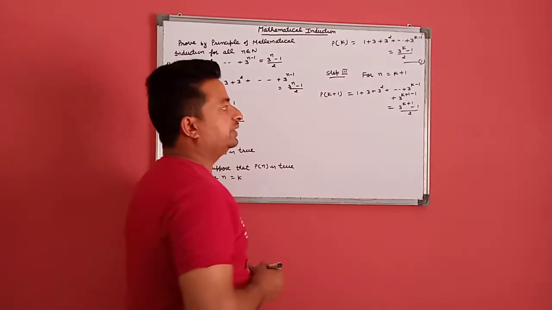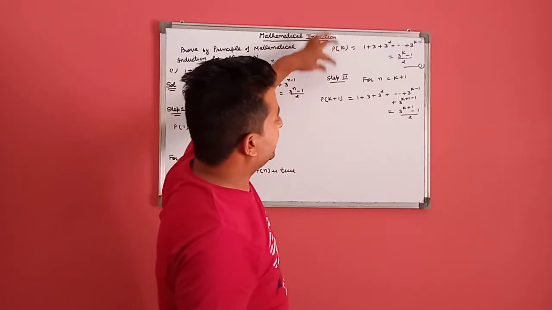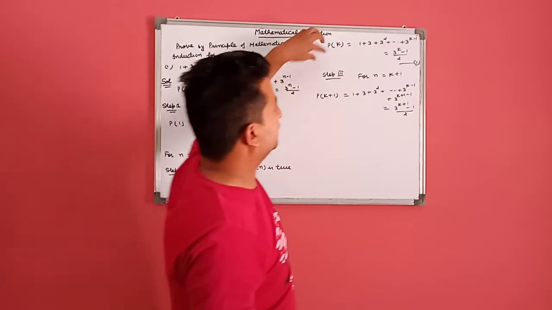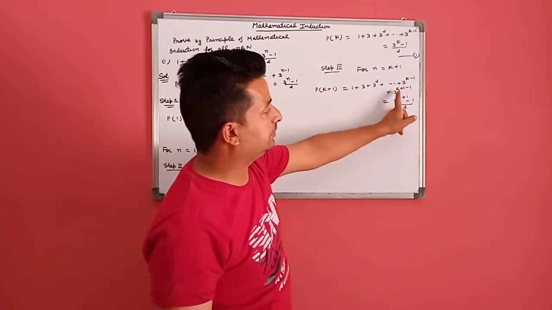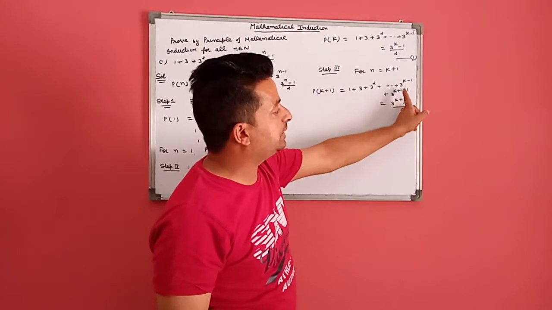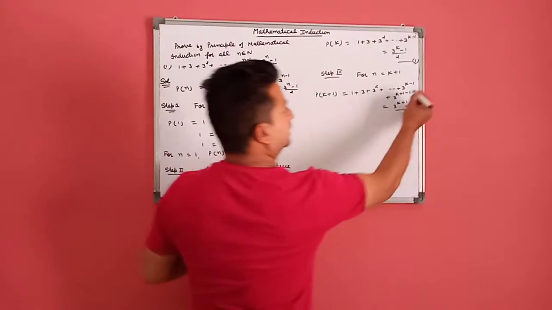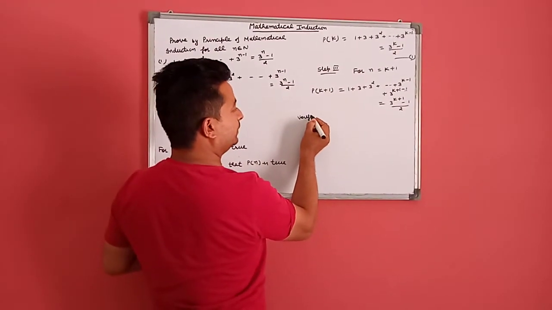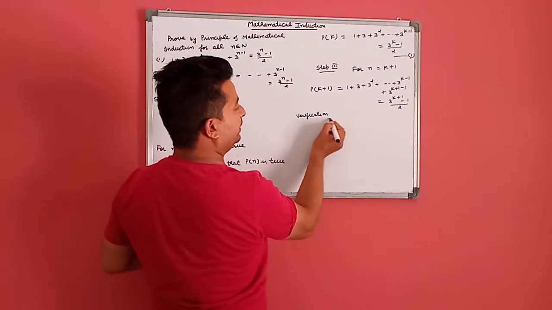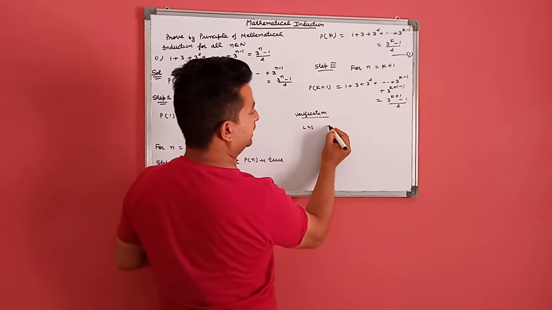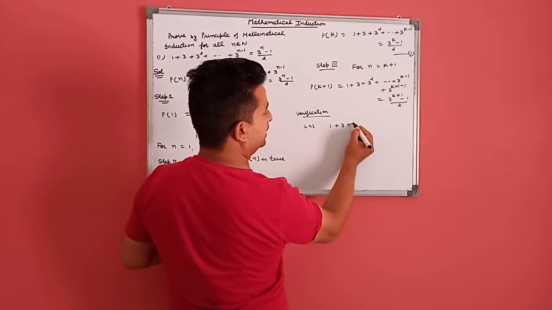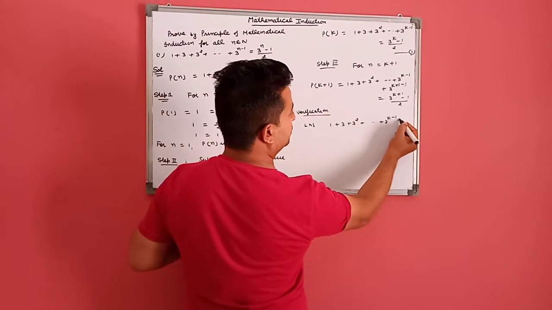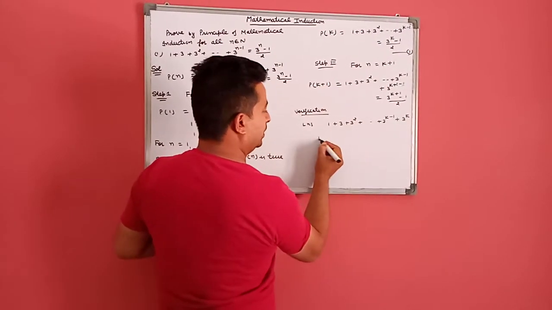This step is very important. We write the k plus 1th term. This means this is the kth term. In this, we put an additional term in which k is replaced by k plus 1. This cancels out. For verification, we take the left hand side, that is 1 plus 3 square, 3 power k minus 1 plus 3 power k.